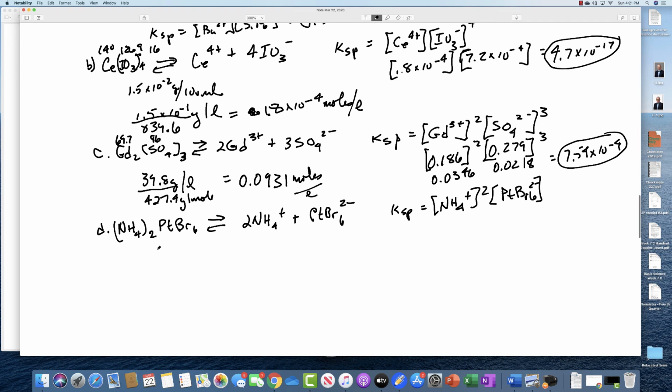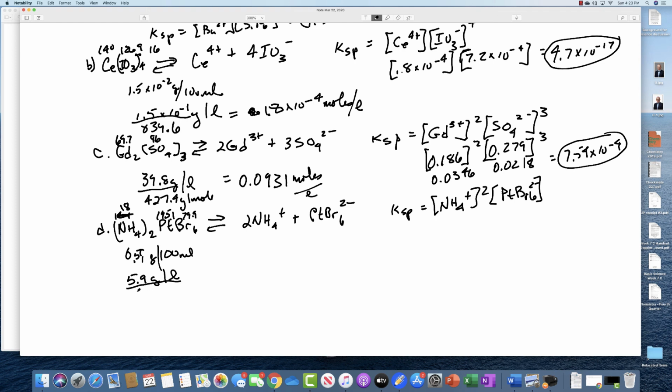First of all, the amount of grams is 0.59 grams per 100, which is 5.9 grams per liter. Platinum is 195.1. Bromine is 79.9. This is 14 and this is 1. So 1 times 4 is 4, so this whole thing together is 18.